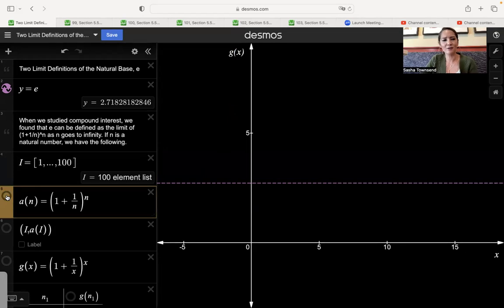We don't want that right now. We just want the points. So I'm going to have Desmos plot those ordered pairs. When we evaluate a sub n at 1, we have a sub 1. When we evaluate a sub n at 2, we have a sub 2, and so on. This is sort of notation that we can use to do that.